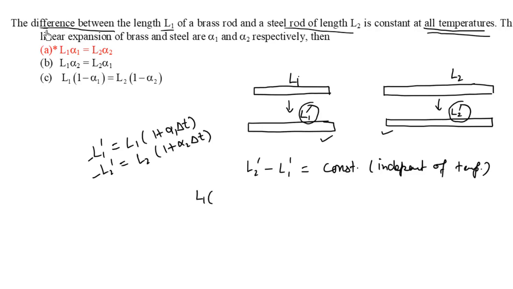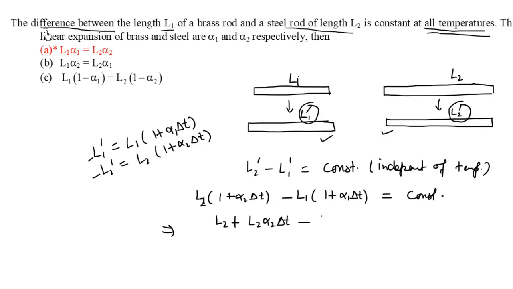So L2 (1 plus alpha 2 delta T) minus L1 (1 plus alpha 1 delta T), and this is constant. So this can be written as L2 plus L2 alpha 2 delta T minus L1 minus L1 alpha 1 delta T equal to constant.